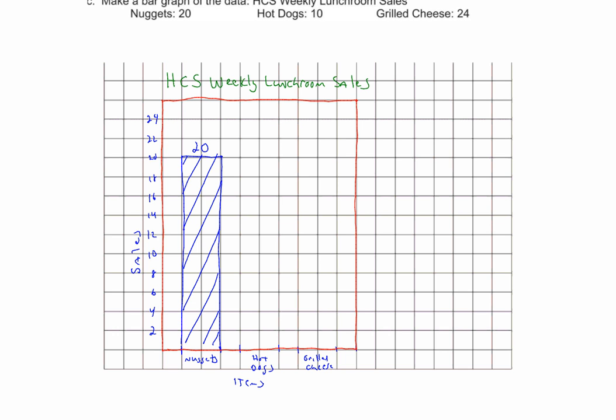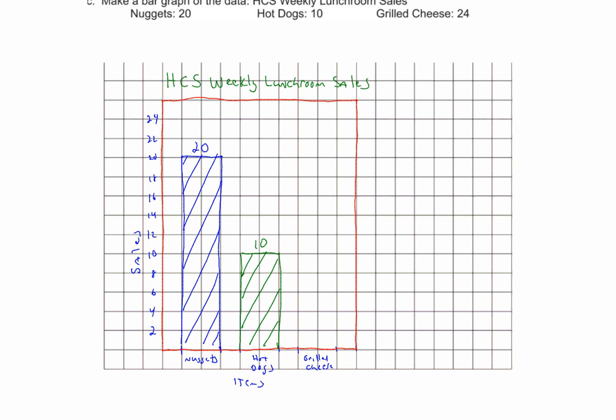All right, I think I'll do my next bar in green. You can do whatever you want. Again, I'm going to mark the 10, the height, so I get my bar in the right place. And a 10 goes on top. And let's use black.